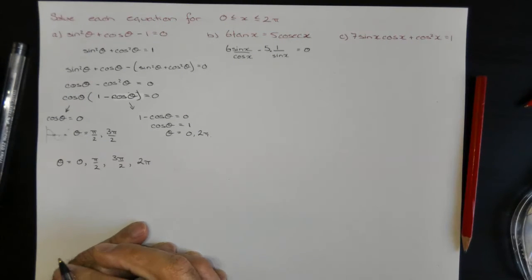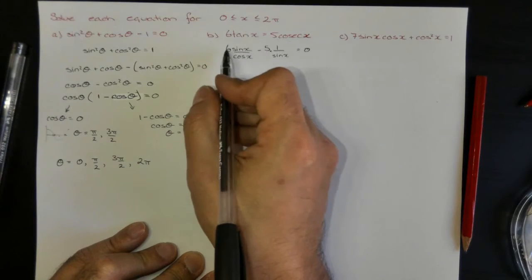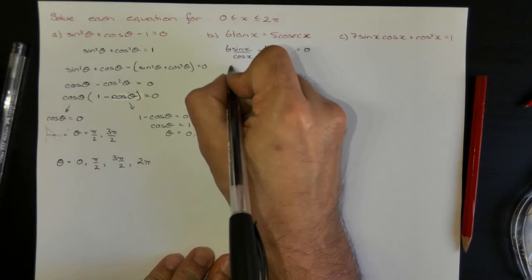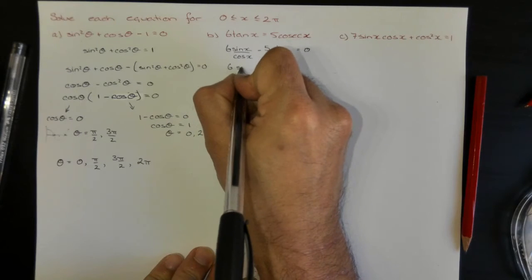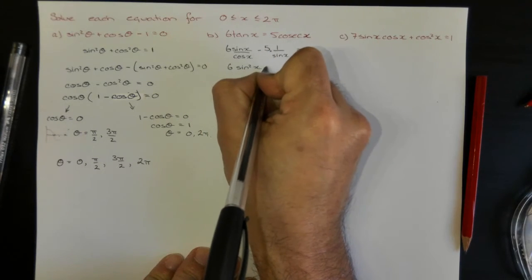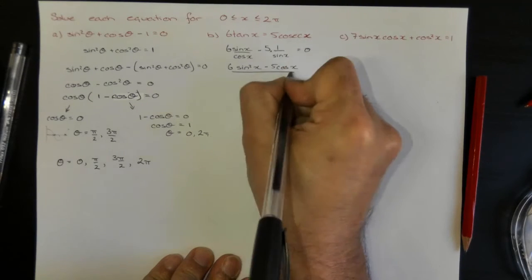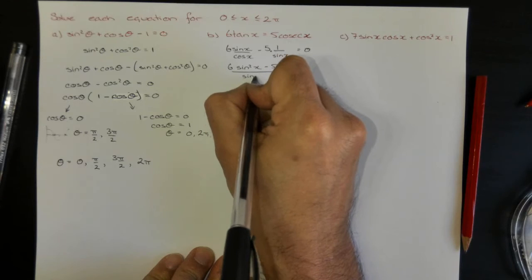Alright, let's multiply the tops and combine the bottoms. So we get 6 sine squared x minus 5 cos x, and that's going to be all over sine x cos x.